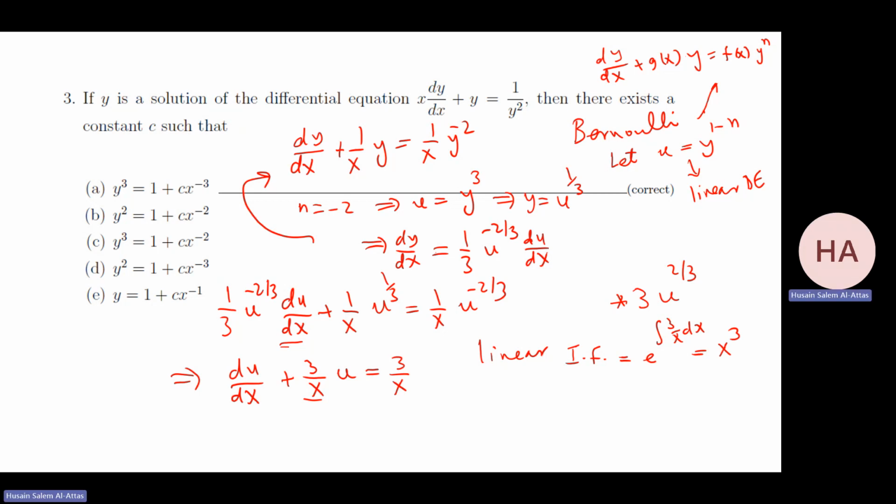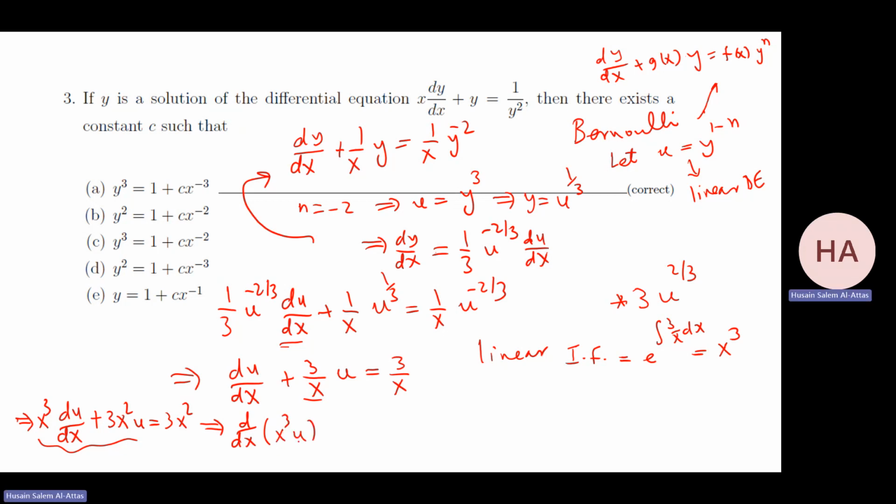Do the integration, check it. Multiply everything by this. So I have x cubed du over dx plus 3x squared u equals 3x squared. This should be a derivative, d over dx of the integrating factor times u.